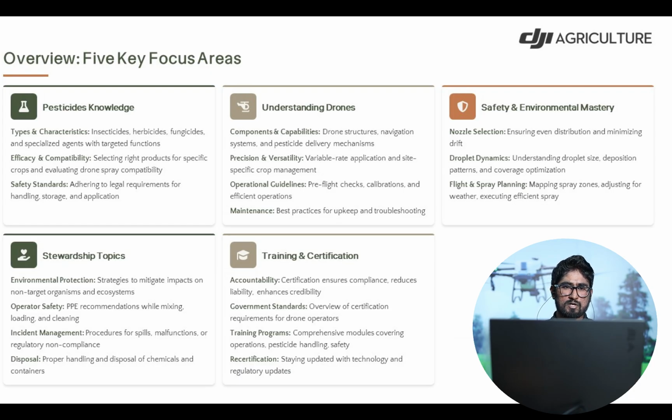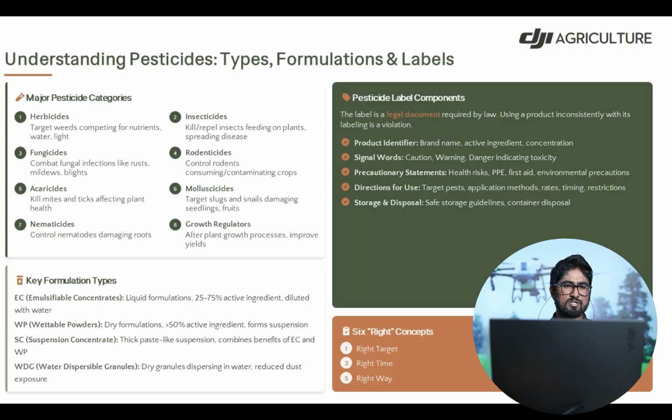Okay, understanding pesticide types, formulations and labels. There are many pesticide categories in the world, such as herbicides. You have heard about glyphosate, MCPA, propanil, like herbicides. We can use them to target weeds which compete for nutrients, water and light.